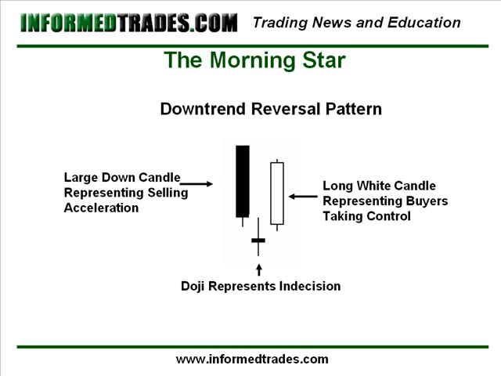Unlike the hammer and the hanging man, which we learned about in our last lesson, as the Morning Star is a three-candle pattern, traders will oftentimes not wait for confirmation from the fourth candle before considering this a valid pattern. And in addition, traders will look to the size of the candles for an indication of how big the potential reversal might be.